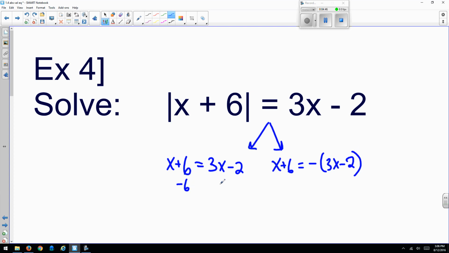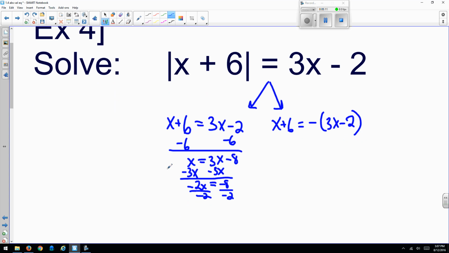So I'm going to subtract 6. Subtract 3x from both sides. Looks like x is 4 over here.